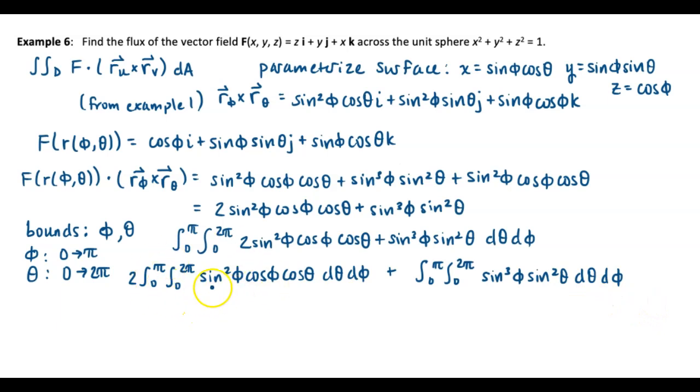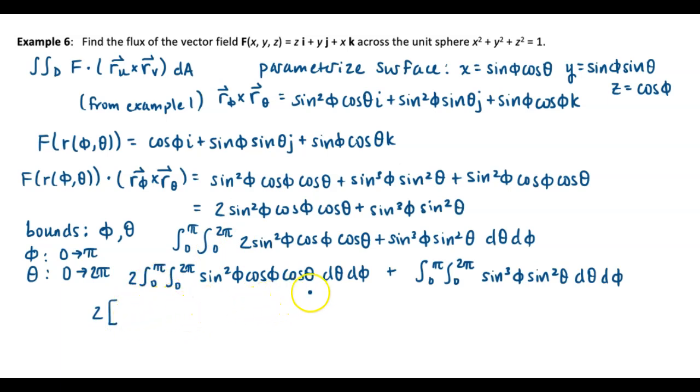Over on the left-hand side, this is going to be really messy if I try to integrate this with respect to theta and then with respect to phi. But I can break this up into everything with a theta and everything with a phi. And so I'm going to take this 2 and just leave it on the outside so I don't have to worry about that.